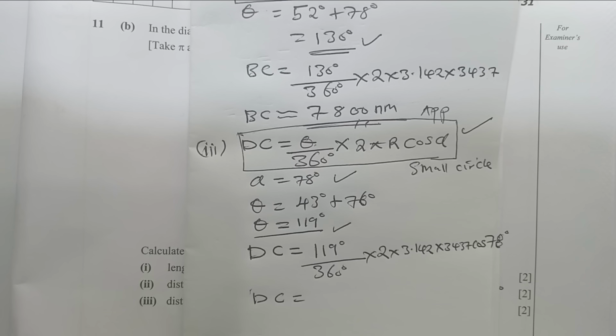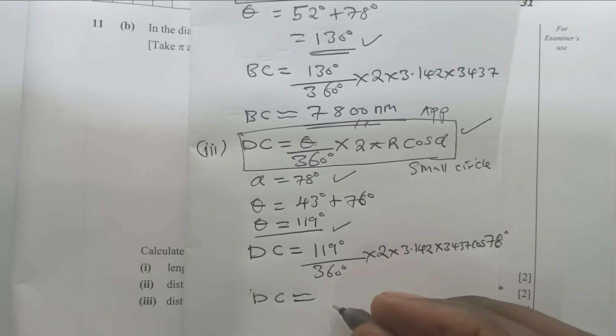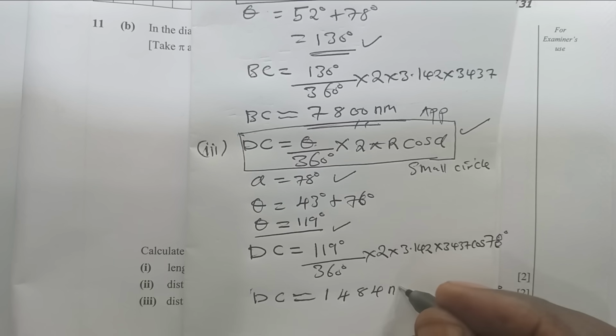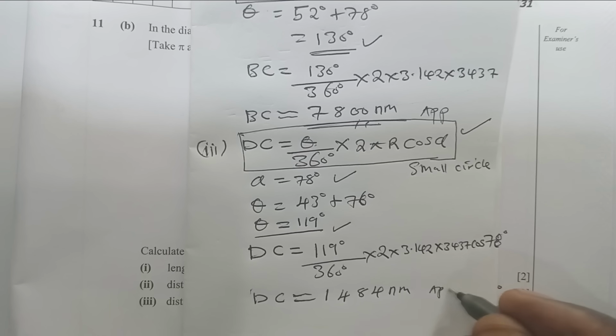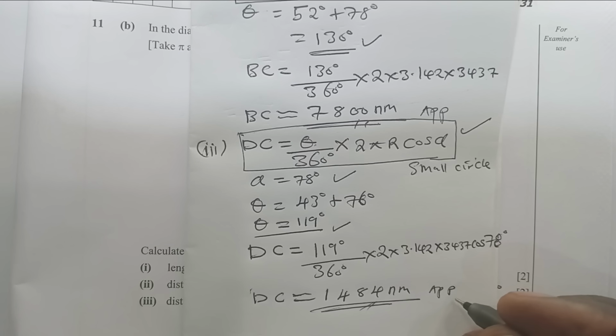From my end, DC approximately is going to be 1,484 nautical miles. Again, these numbers have been given to an approximate value.